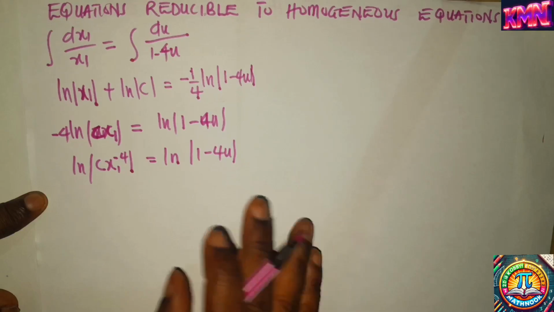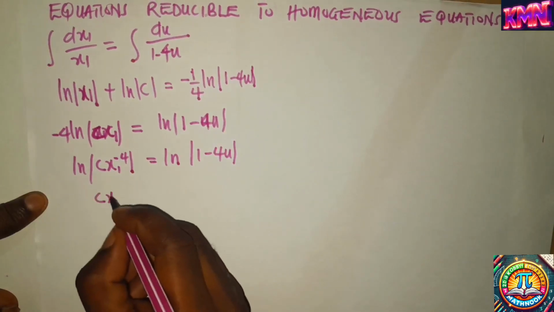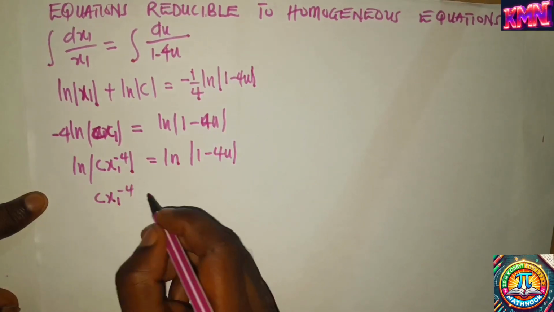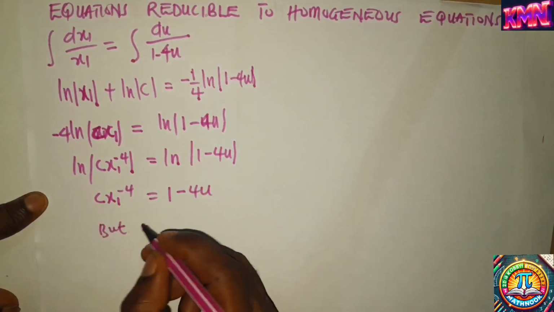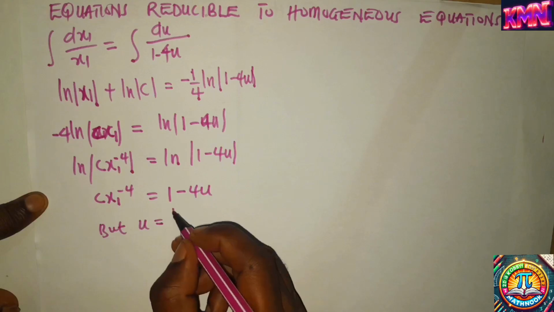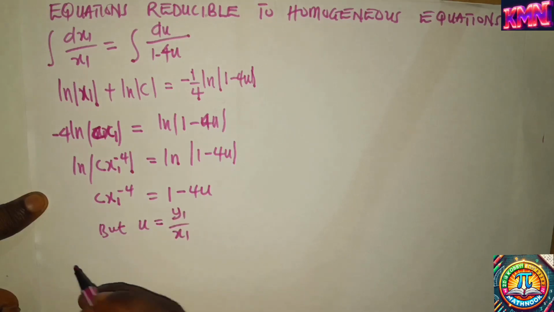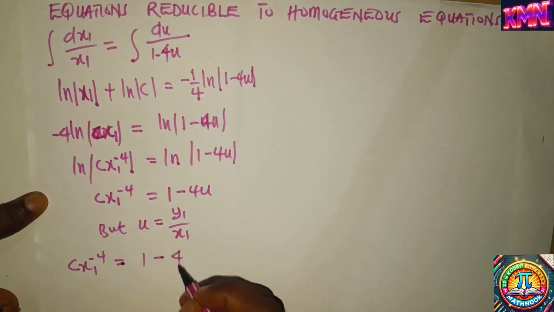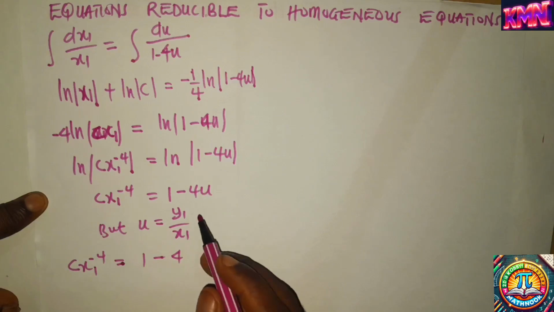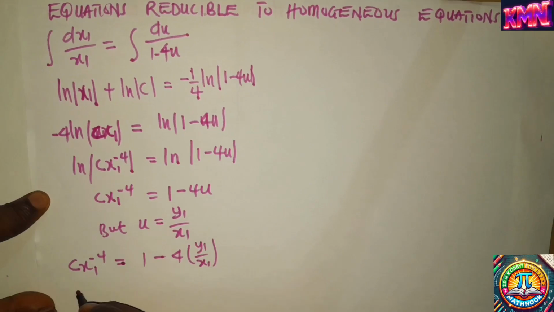Taking antilog of both sides, we are getting cx1 power negative 4 equals 1 minus 4u. But we know that u is equal to y1 on x1. If that's the case, cx1 power negative 4 equals 1 minus 4 times y1 on x1, substituting the y1 on x1 into the u.